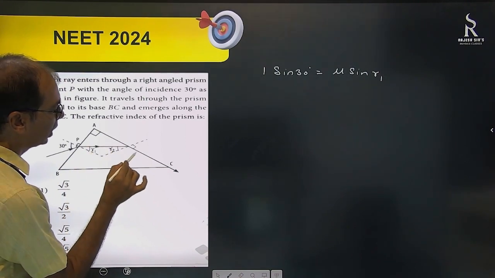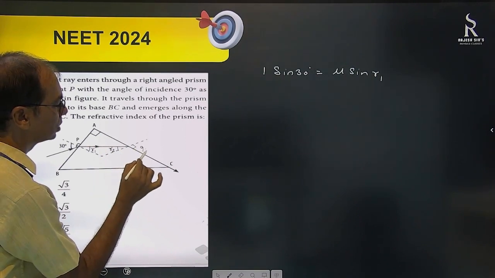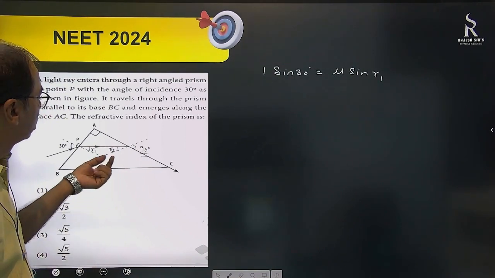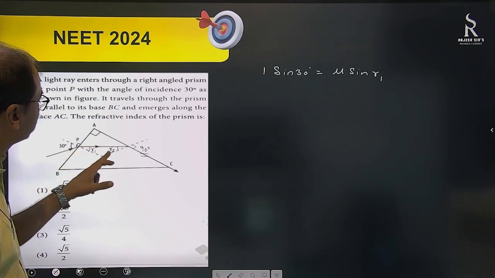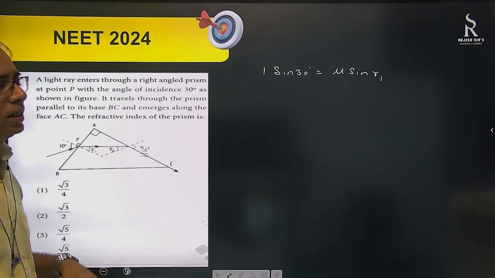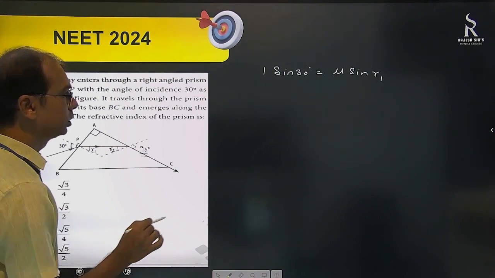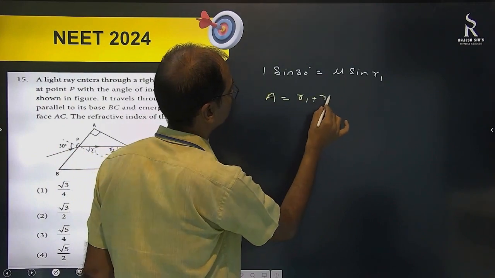It is also given that the angle of emergence is again 90 degrees. One thing I can use is the prism relation. We know that A is always equal to R1 plus R2.